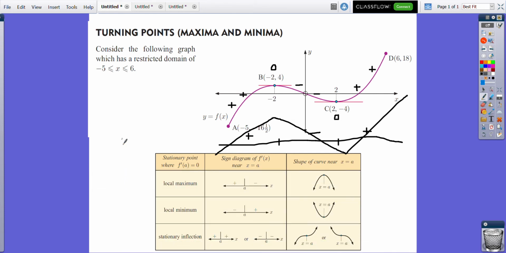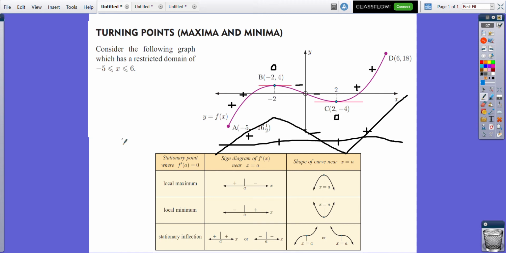And it's just explaining to you that if it goes from positive to negative, then it's a maximum. If it goes from a negative to a positive, it's a minimum. And we're going to see these strange things called stationary points of inflection. So these points of inflection, it kind of looks like it's going to be a maximum or a minimum. It sort of tails off a bit, then it decides, no, I'm going to keep going up or keep going down. So we'll see a bit more of them as we go along.